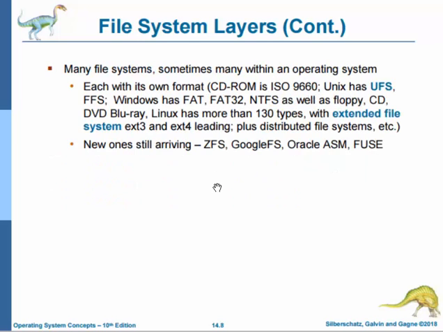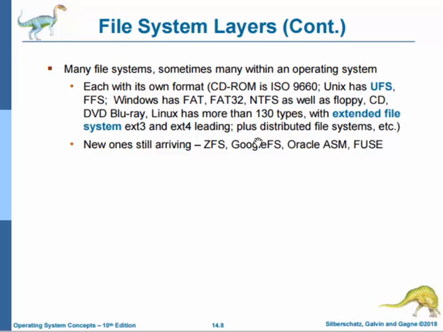Many file systems are in use today, and most operating systems support more than one. For example, most CD-ROMs are written in the ISO 9660 format, a standard format agreed on by CD-ROM manufacturers. In addition to removable media, each operating system also has one or more disk-based file systems.